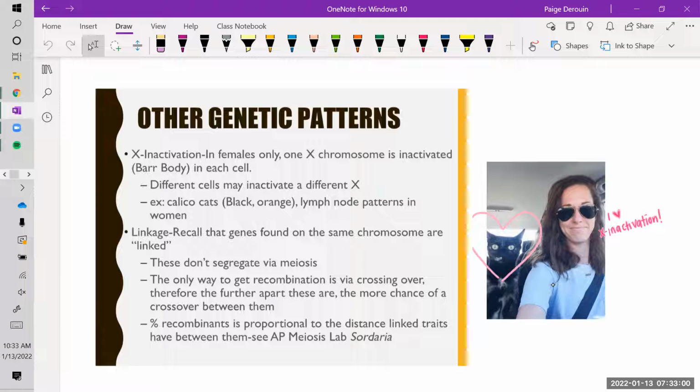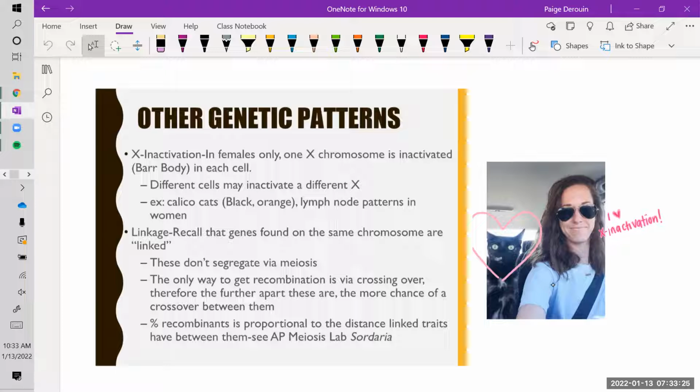So much information that if you are a female, one of your X chromosomes is actually inactivated in every single cell that you have. And for humans, it doesn't really matter because there's no traits on the X chromosome that are outwardly physically manifesting, except for like lymph node patterns, which they're really not outwardly physically manifesting.